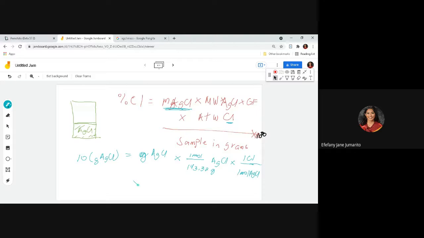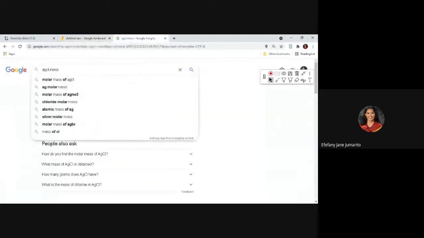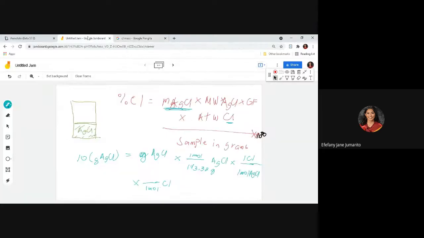Then let's multiply that with 1 mole Cl. What is the atomic weight of your Cl? 35.45. Okay, so that will be your Cl, in grams.